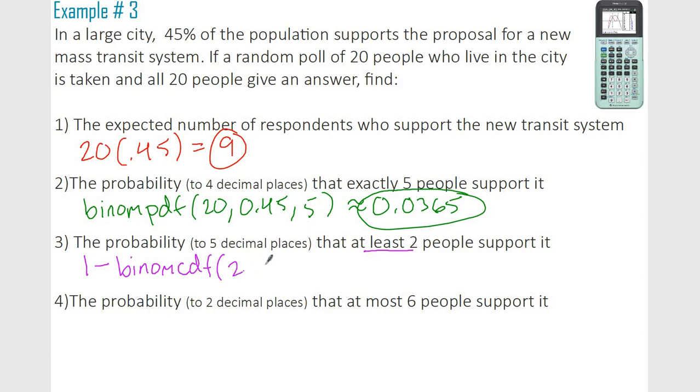So that would be 20, 0.45, 1. And to 5 decimal places, that would be 0.99989.